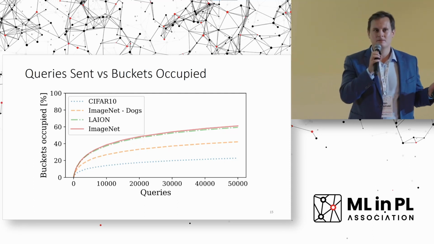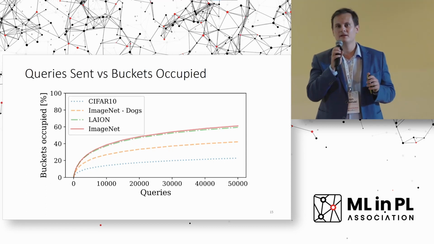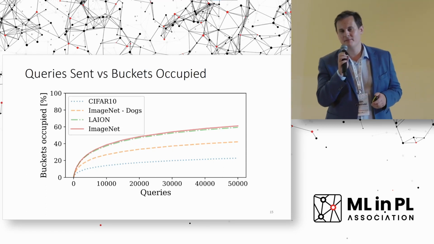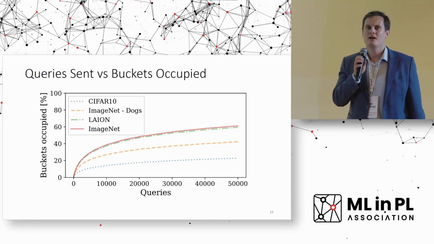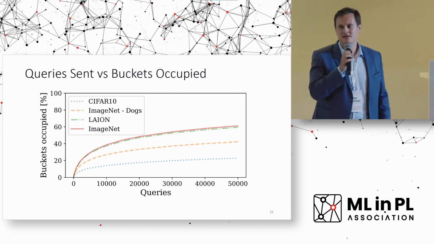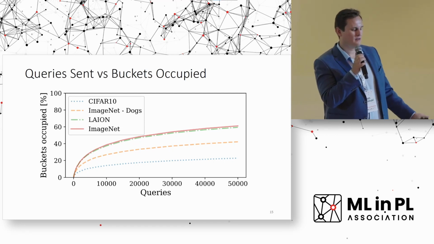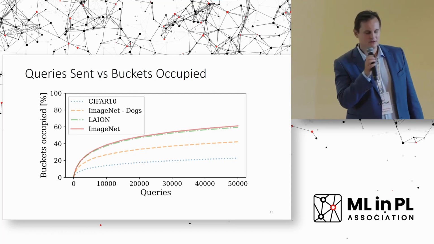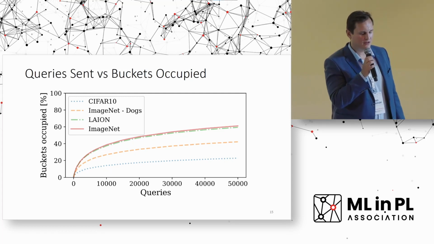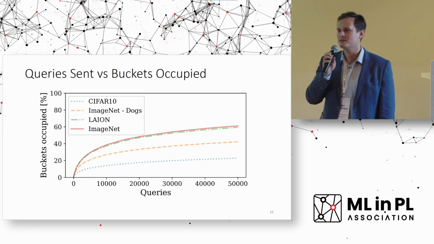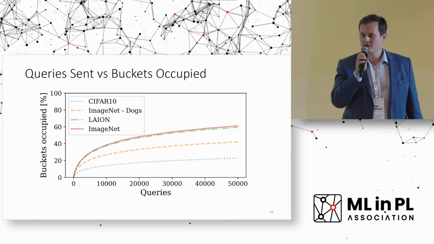The answer is no. We get high coverage not only for the data set on which a particular model was trained, but in general for diverse queries. And here you can see how the increasing number of queries results in an increasing number of buckets for data sets like ImageNet and Lion, which both could be successfully used to steal an encoder.